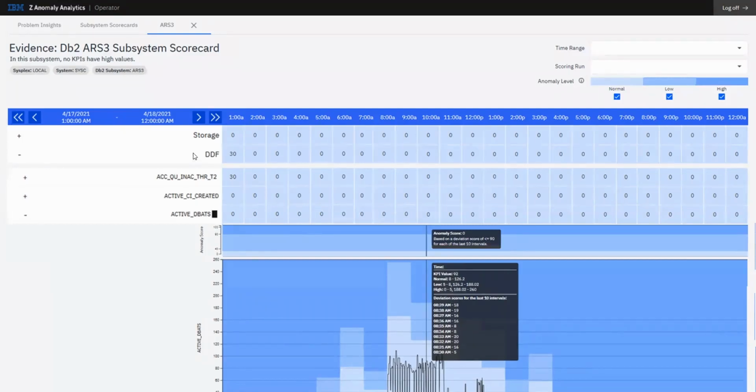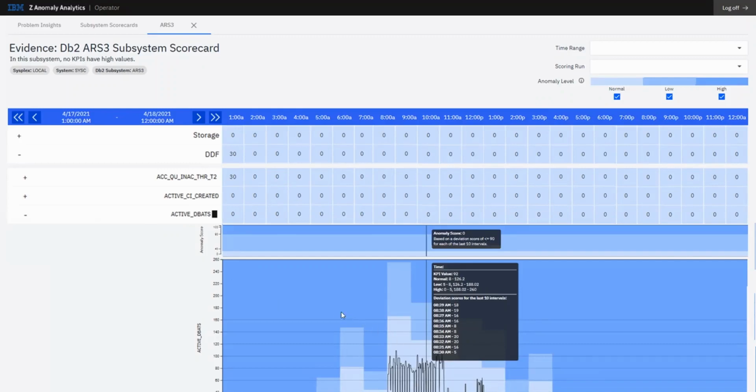So we've expanded out the DDF, and we're actually looking at our active DBATs KPI. I'll point out a few things as we're talking through this. The black line that we can see on the bottom here is what our real-time data looks like. This is the KPI value that we've seen for the active DBATs KPI over this period of time.